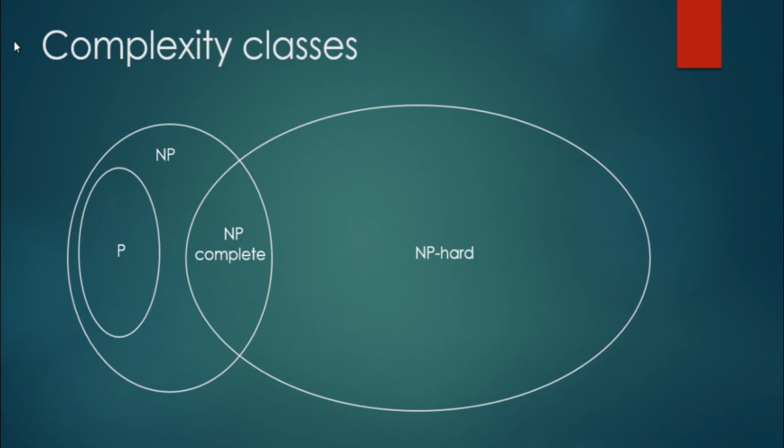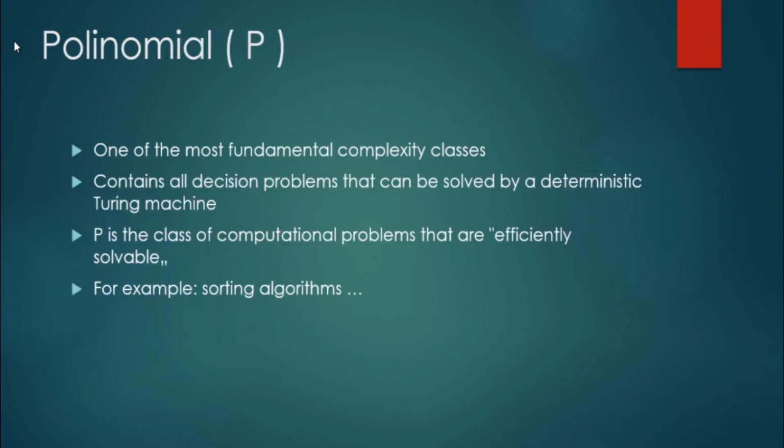Finding the shortest path in a given graph between two vertices, all of these problems are in polynomial. Then the NP stands for non-deterministic polynomial. The most important question is whether P is equal to NP or not. Then NP complete and NP hard are the hardest problems in the 21st century will be known. So let me say a few words about each of them.